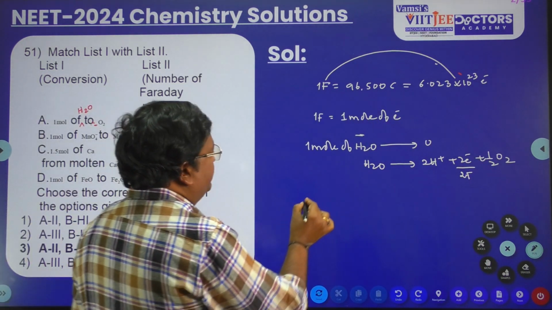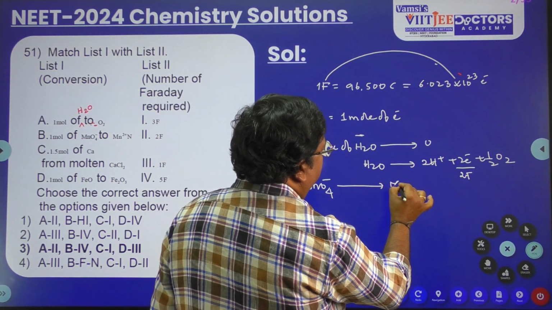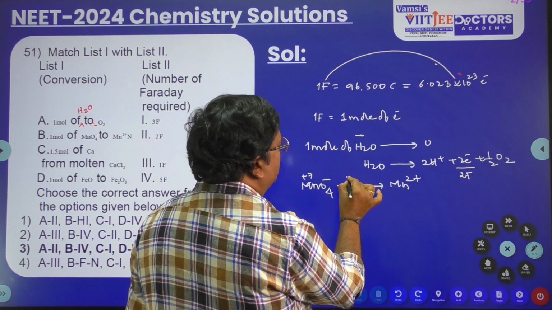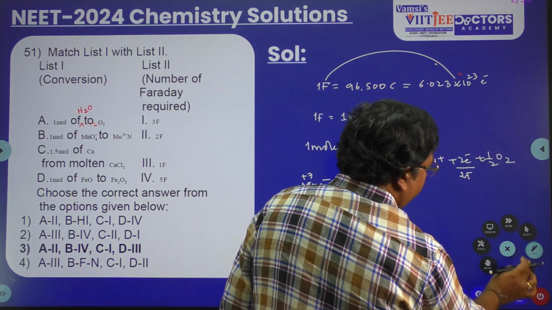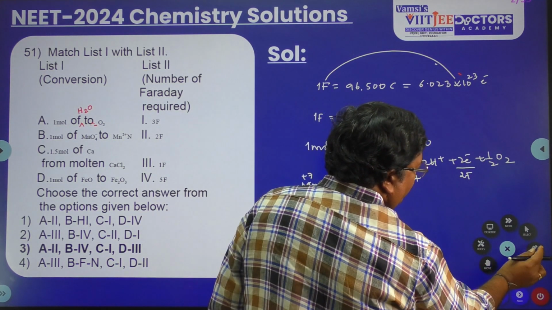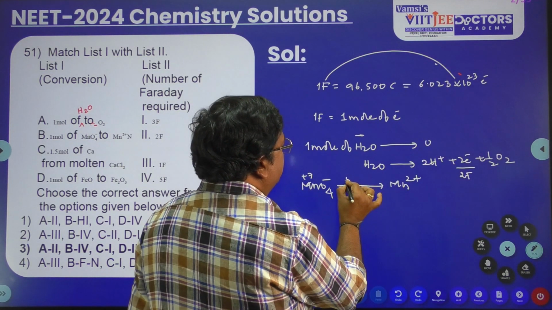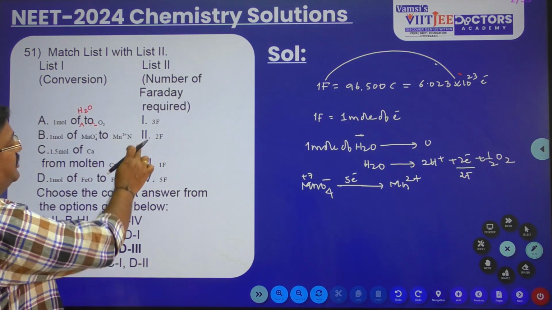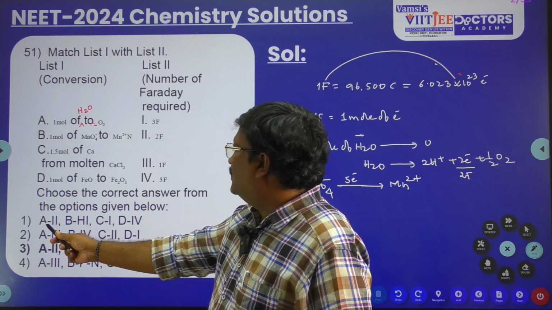Coming to permanganate to Mn2+, the oxidation state is plus 7 here and plus 2 there. The difference is 5 electrons, so 5 Faradays. So for the first option, there should be 2 Faradays, so A must be 2.